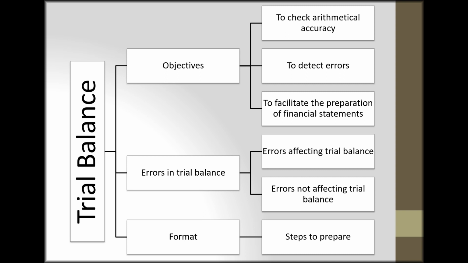If debit and credit agree with each other, we get the same amount, so we cannot see the errors directly from there. So there are errors that do not affect the trial balance. And the last part for the trial balance, we're going to look at the format, and the steps to prepare the trial balance.